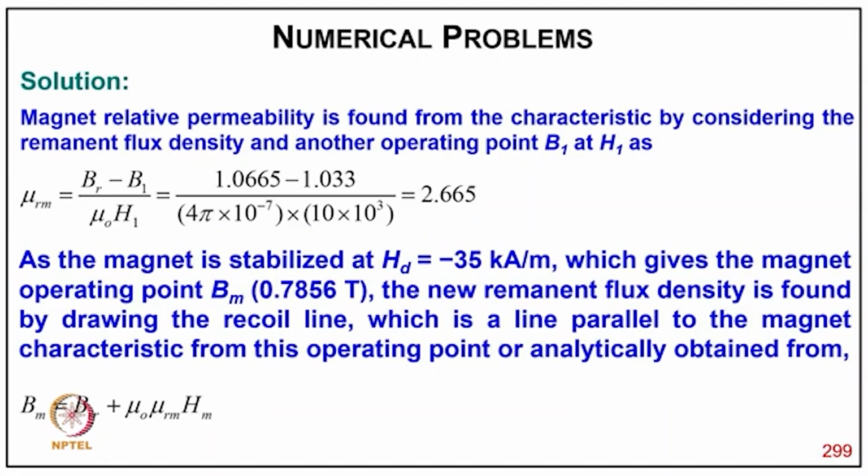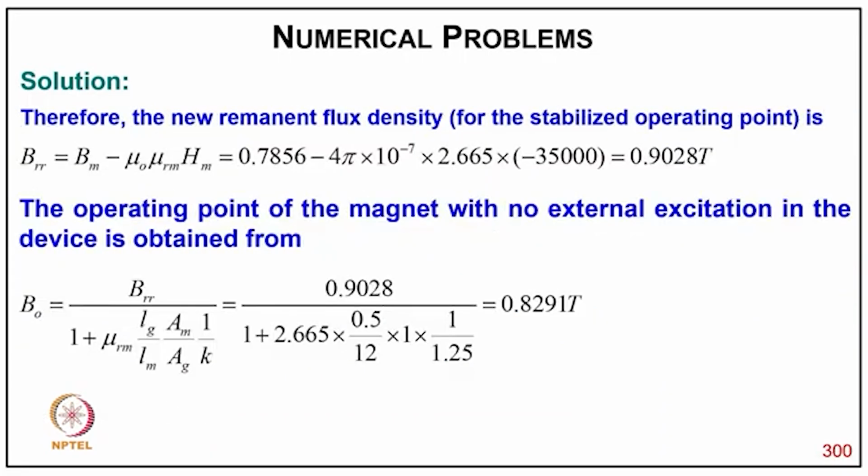A new remanent flux density is found by drawing the recoil line, which is the line parallel to the magnet characteristic from the operating point, or analytically obtained from Bm equal to Brr plus mu 0 mu Rm Hm, and therefore the new remanent flux density for the stabilized operating point is Brr equal to Bm minus mu 0 mu Rm Hm, and putting value it comes to 0.9028 Tesla.